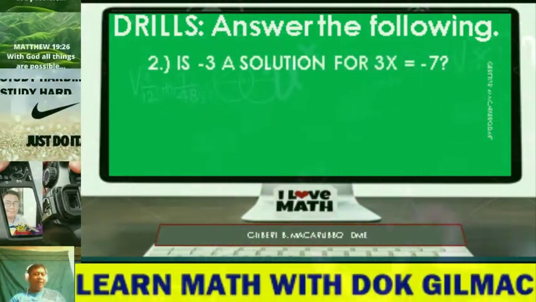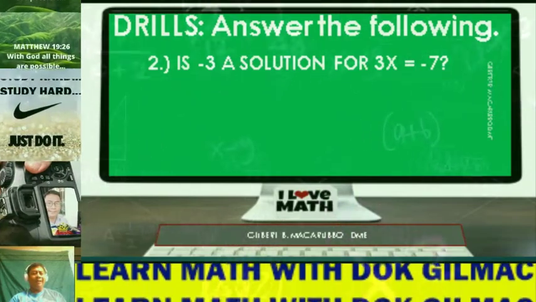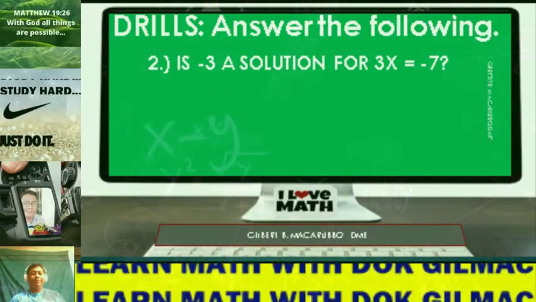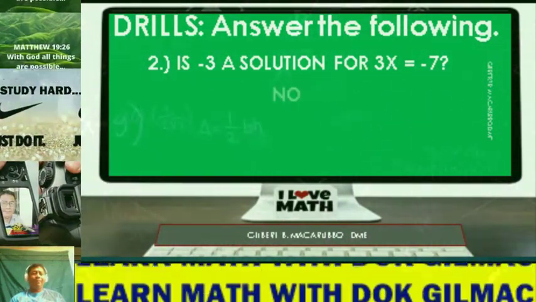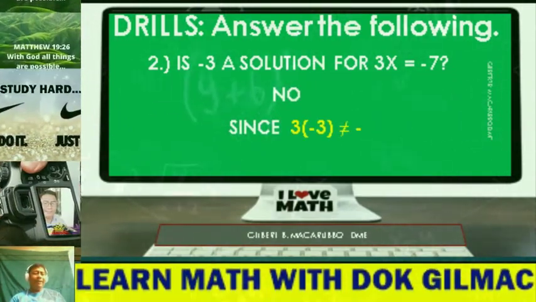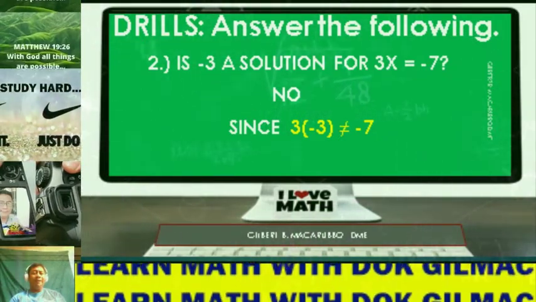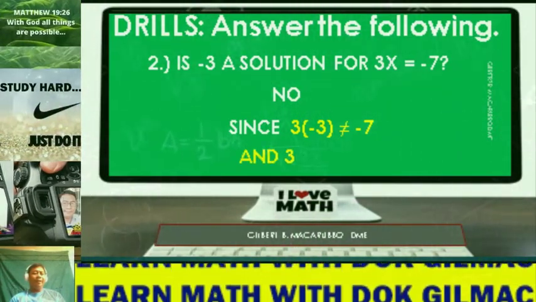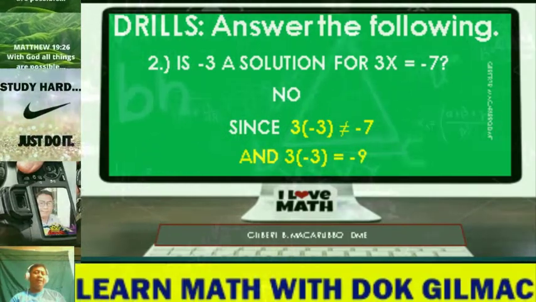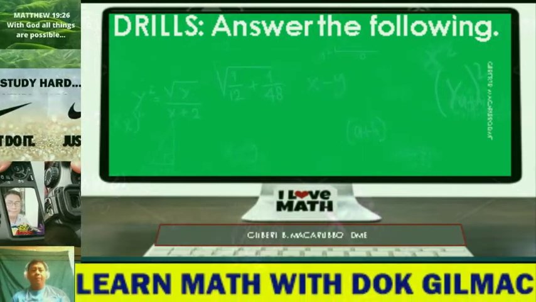Number 2. Is negative 3 a solution for 3x equals negative 7? No, since 3 times negative 3 is not equal to negative 7. And take note, 3 times negative 3 is simply equal to negative 9.